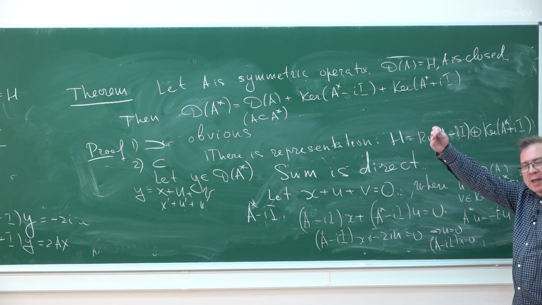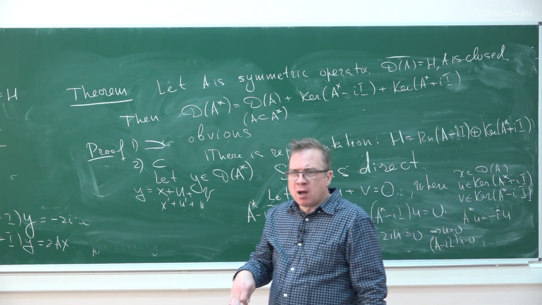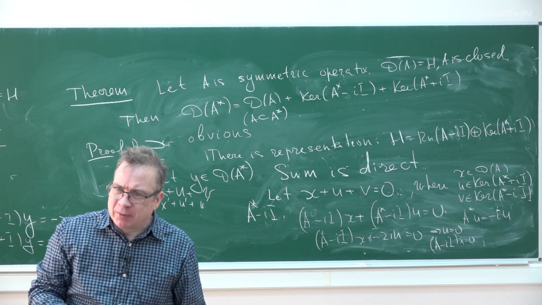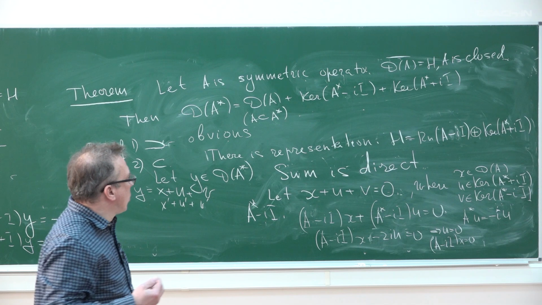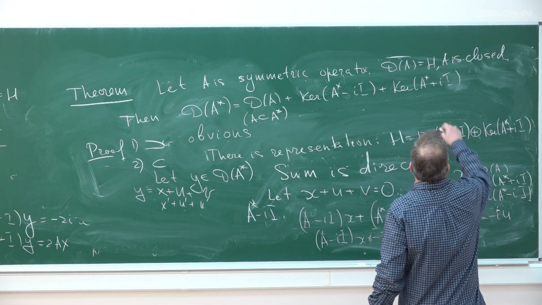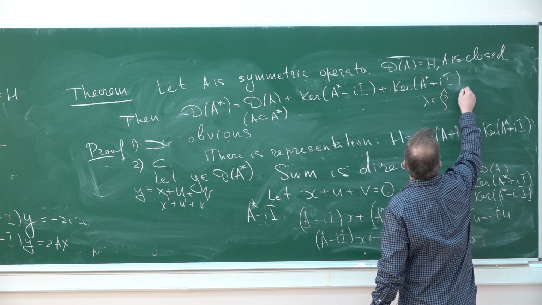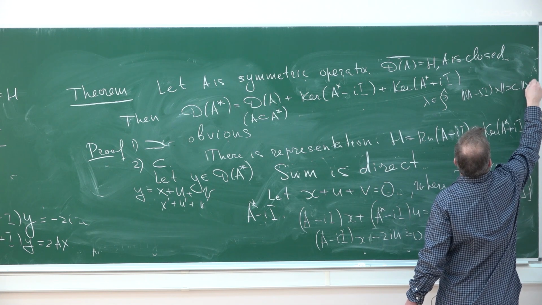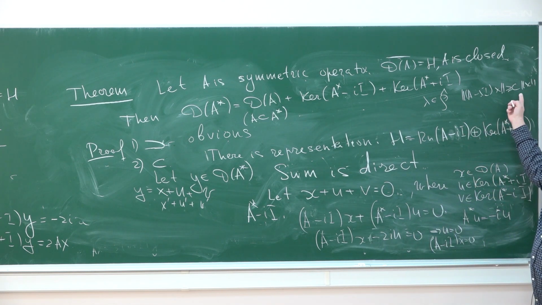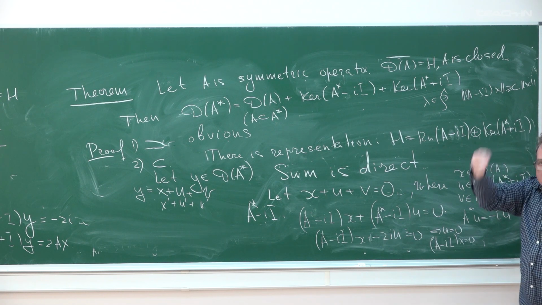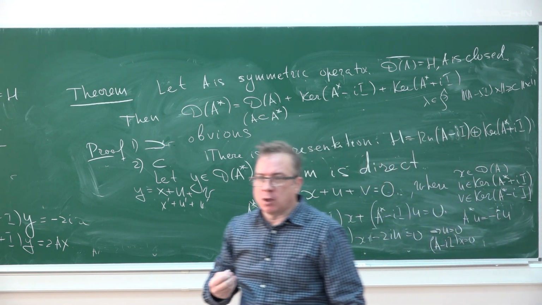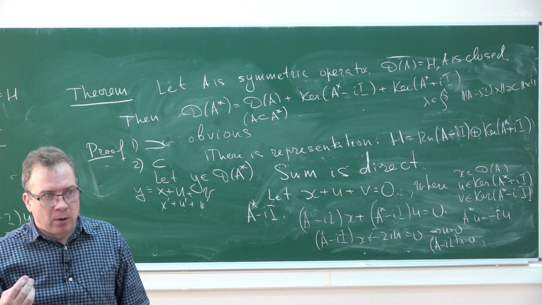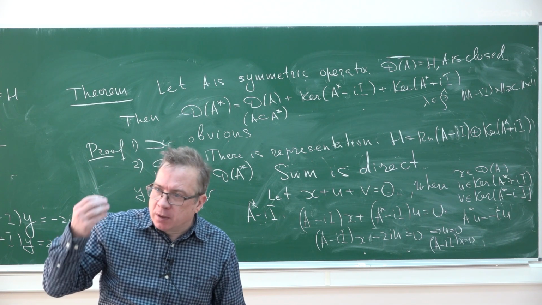But the upper half plane and lower half plane are the field of regularity, so the operator is injective. For the field of regularity, if lambda belongs to the field of regularity, then we have this property, for some positive constant. And if we have such a property, then we have a bounded inverse operator from the range of the operator. If we have an inverse operator, the operator must be injective.